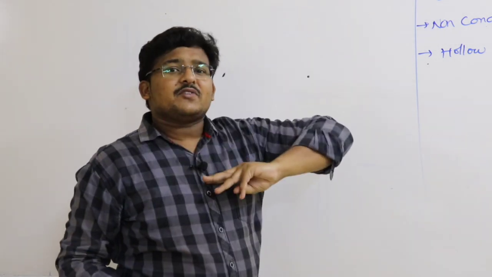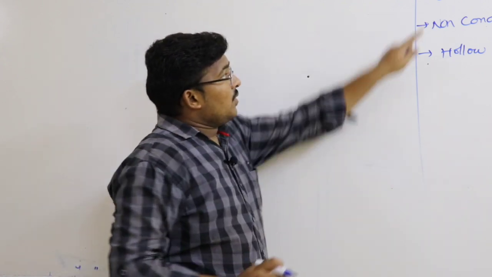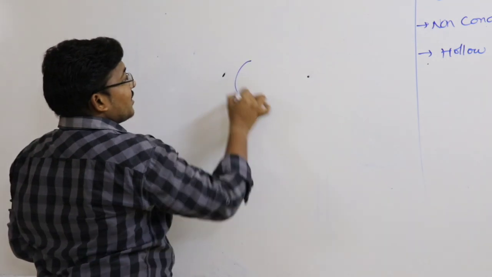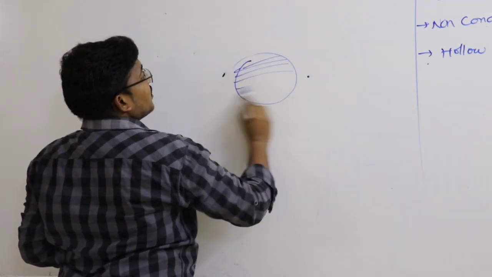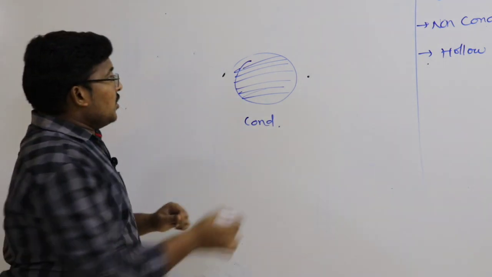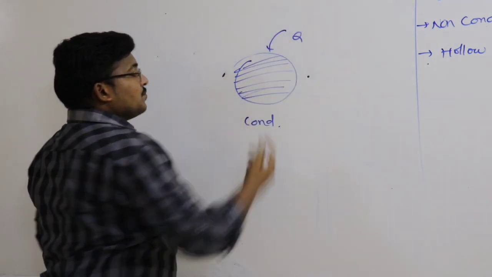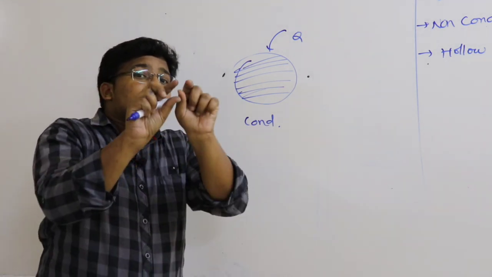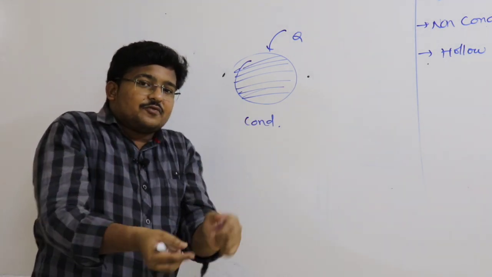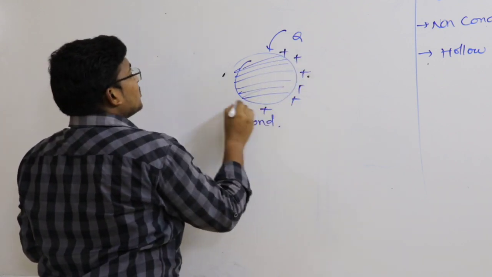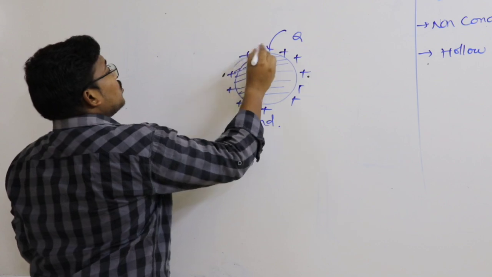Now what is the difference between those three? For a conducting sphere, if a charge Q is given, for a conductor the charge is present on the outer surface.